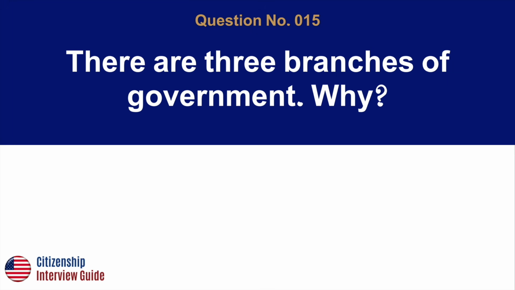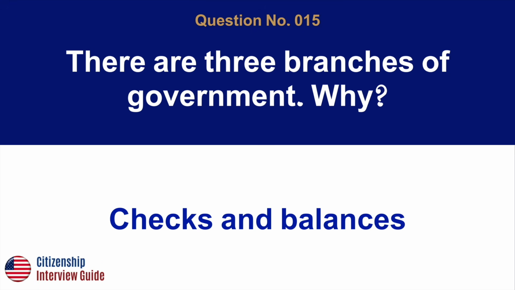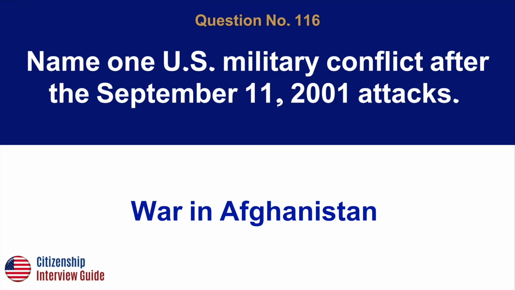There are 3 branches of government. Why? Checks and balances. Name 1 U.S. military conflict after the September 11, 2001 attacks. War in Afghanistan.